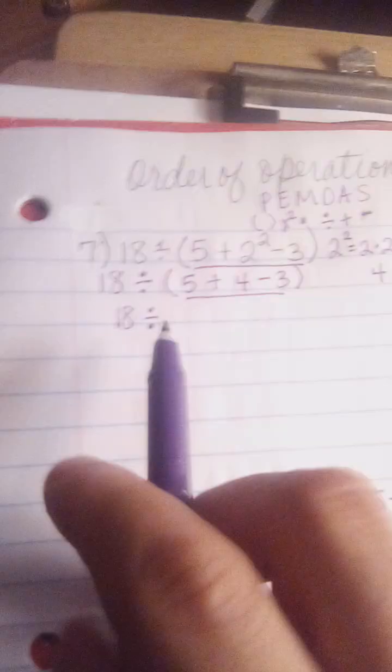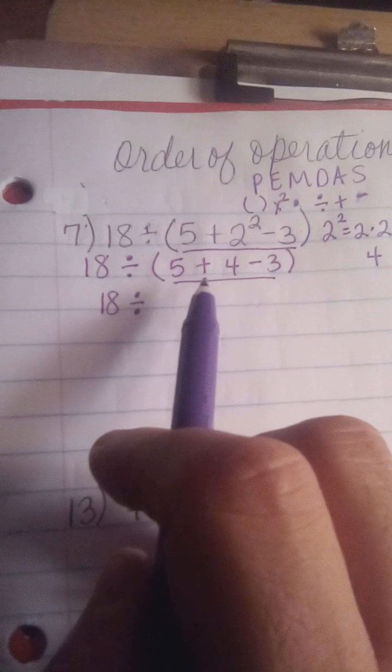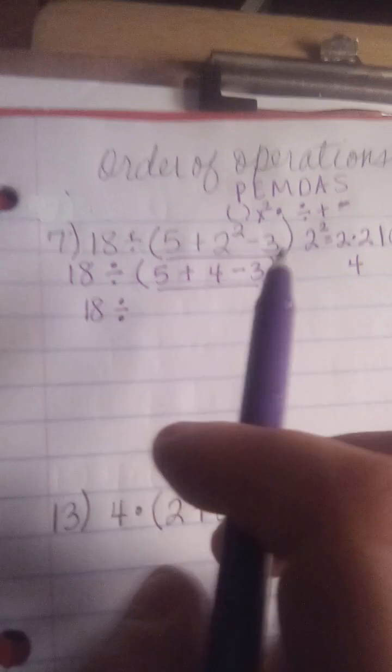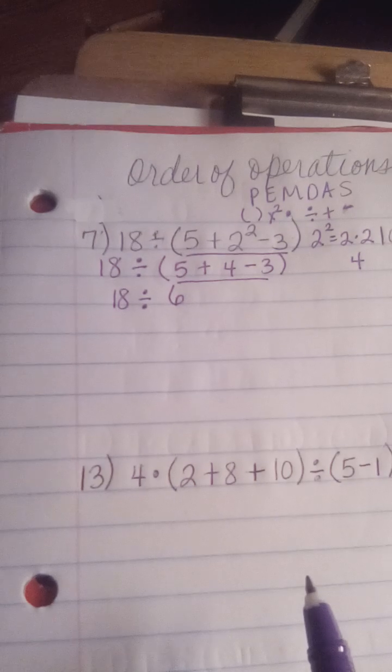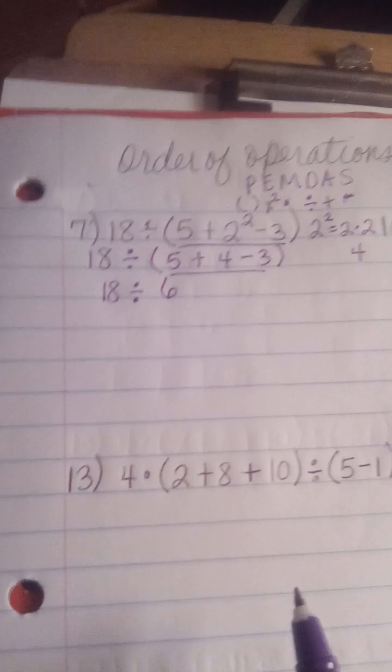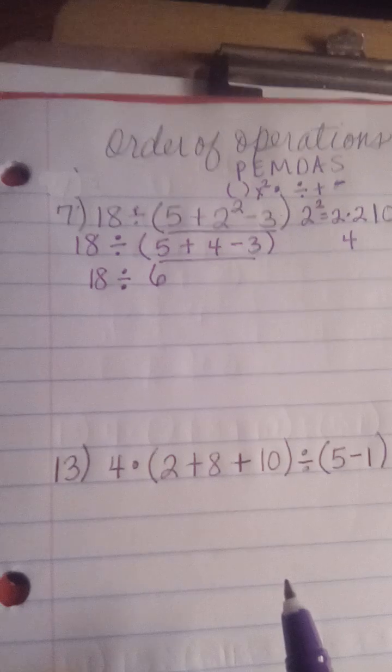Put it all together. What's 5 plus 4? 9. Minus 3 is 6. We clear the parentheses out. Any questions so far on that part?